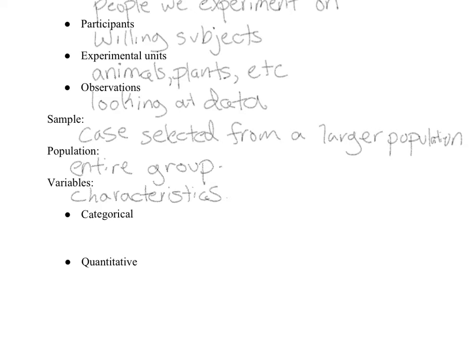Categorical data are just the names and the types, whereas the quantitative can be counted and they can have units, but not all of the units have to be units that are common.